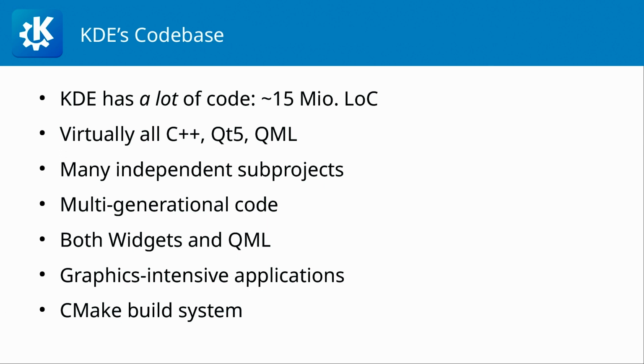Virtually all of that is either C++ or QML code, and back when we started with this transition, all of it was Qt5. KDE is not one big monolithic project, rather it consists of many independent sub-projects that are at least somewhat consistent with each other, but can be a bit diverse.